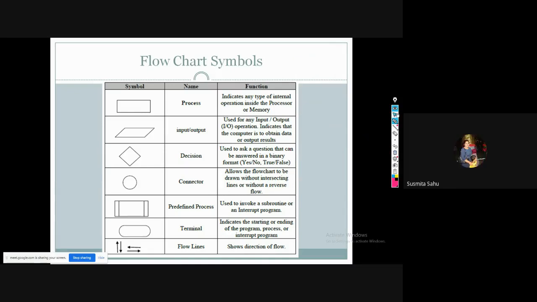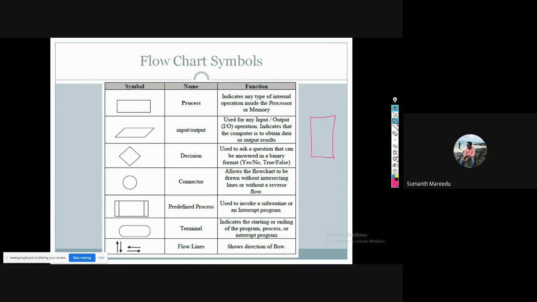Okay, sir. Can you explain about connector? Yes, connector. So connectors, they are used when you are drawing a flowchart on a piece of paper, and the whole flowchart of that task is not getting fixed in one page.